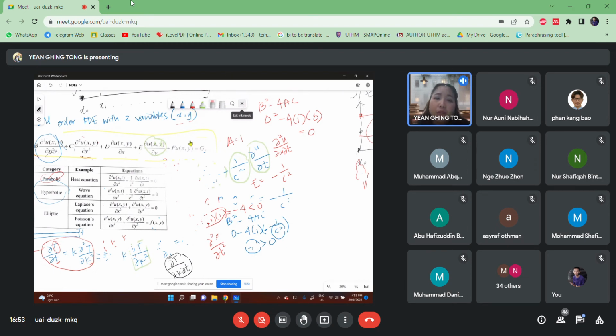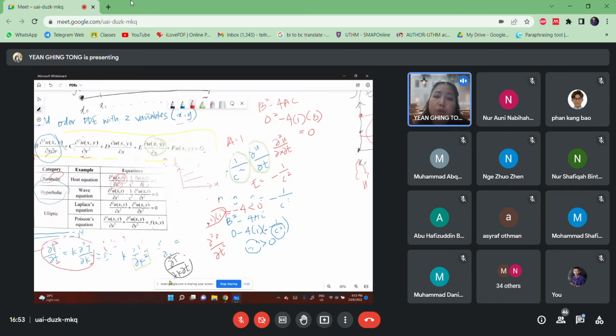If you look at this one, just now I mentioned that for this PDE, we want to know the value at grid points, right? So if you look at the heat equation, we have X and T, ataupun kat sini you see X and T, the value of U. So that means we want to find something where the paksi X is X and the axis Y is actually T.